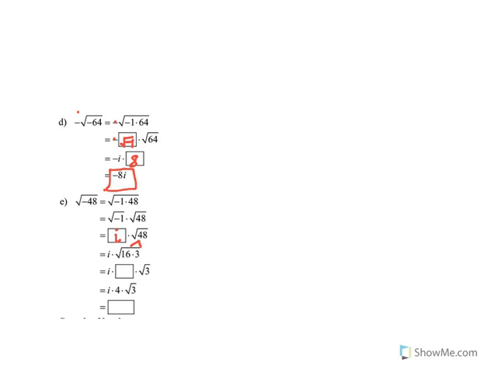So the square root of 16 we know is 4. So i times 4 square root 3, or it kind of looks better to put 4i square root 3 as our final solution.